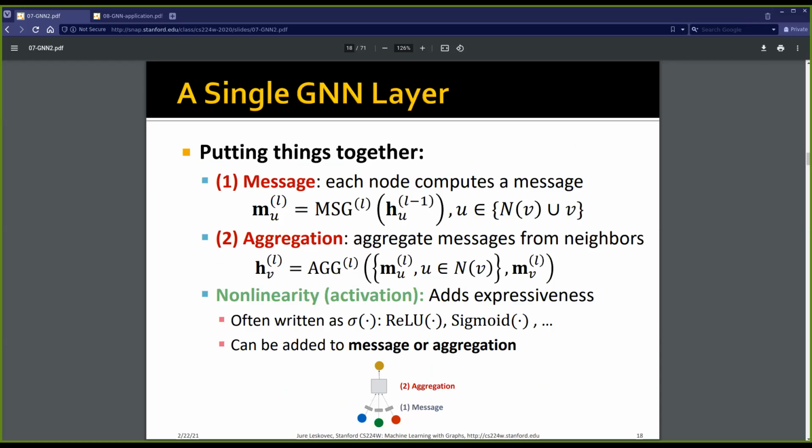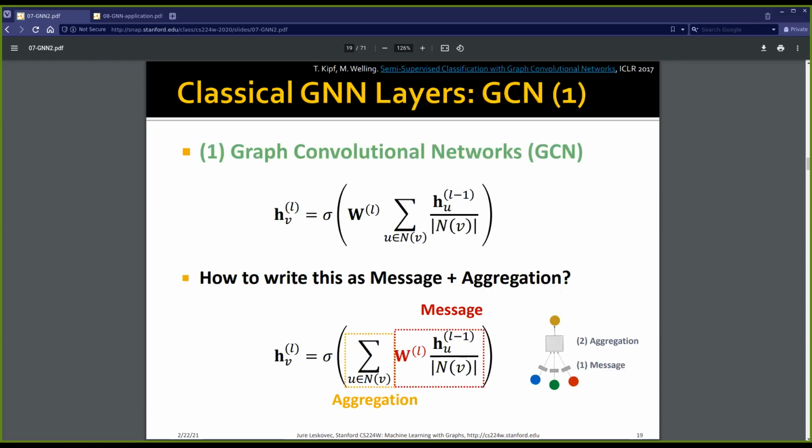Again, you compute messages, you aggregate them, and then you can also apply some nonlinearities on top of that. And for example, in the most popular, I think, architecture, the graph convolutional network, what you do is actually sum over the neighbor messages, renormalize them over the node degrees, and then transform them using some weight matrix.